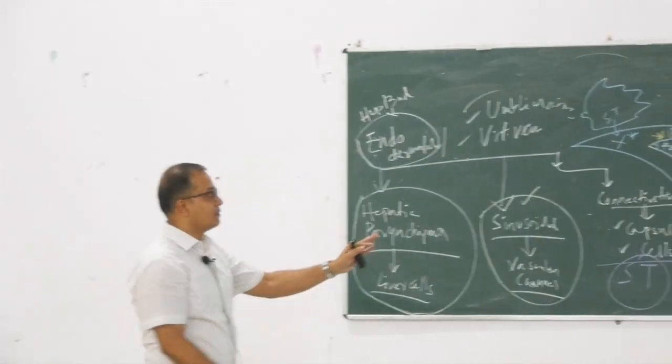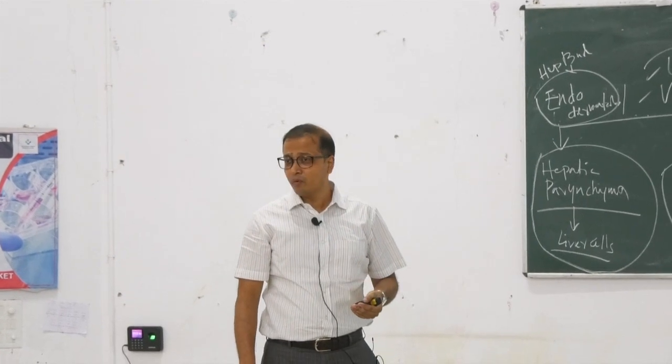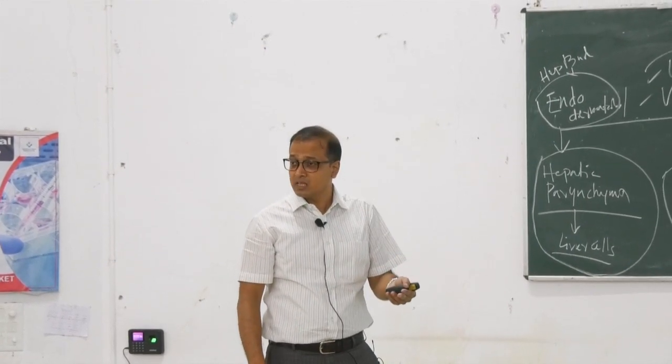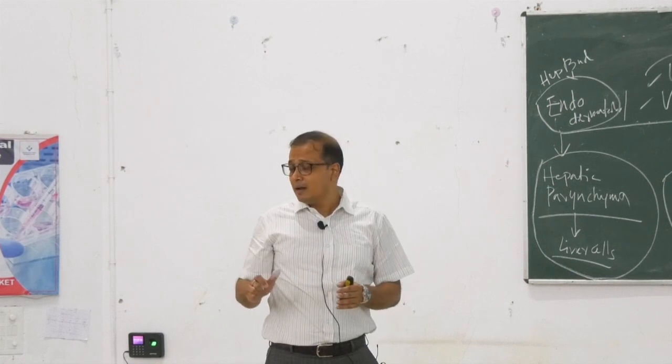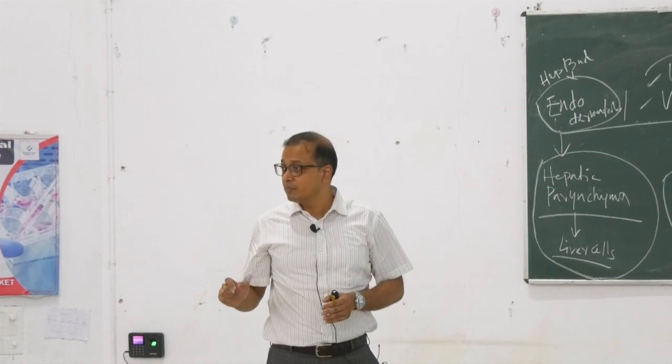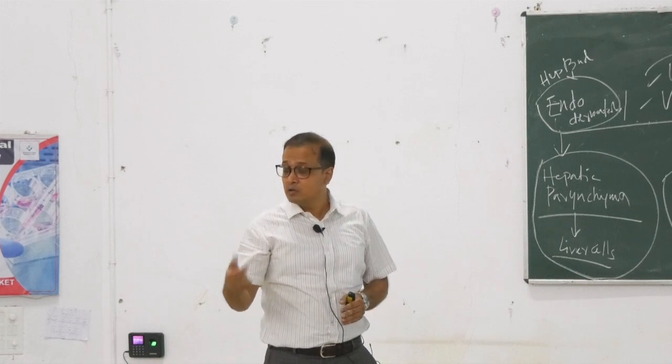So if you sum up the development of the liver, it is developed from the distal part of the foregut tube into the septum transversum, grows into and breaks down the content of the septum transversum itself. It breaks down the blood vessels to transform into hepatic sinusoids.